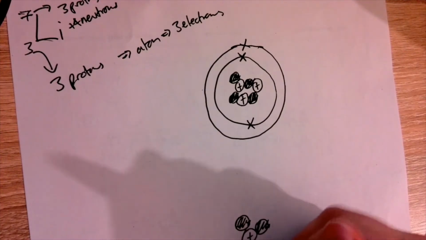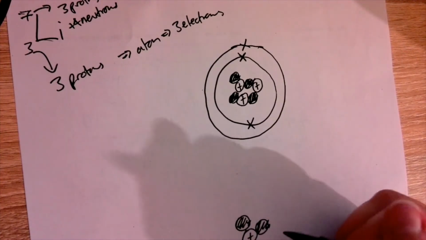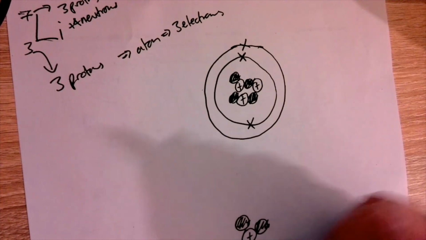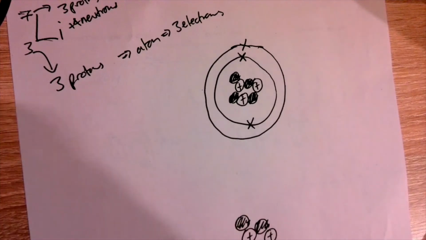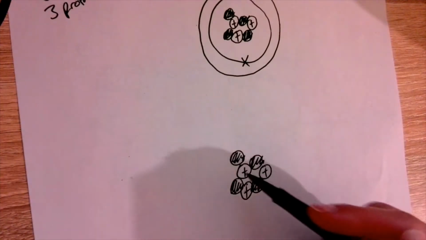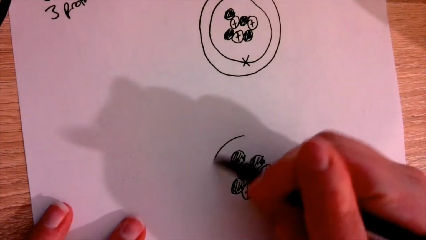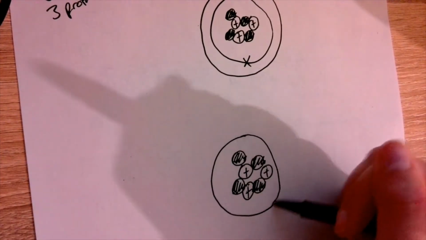Really crucial that we have the same number of protons, as this is what defines the type of element. So 3 protons, still same number of neutrons, and then instead of 3 electrons we now just have 2.